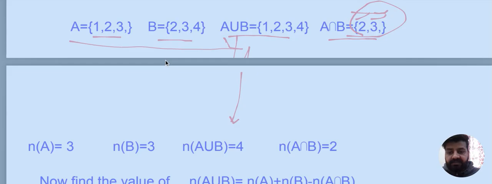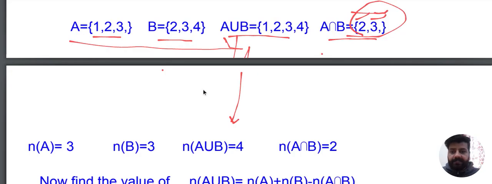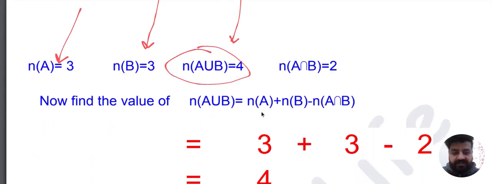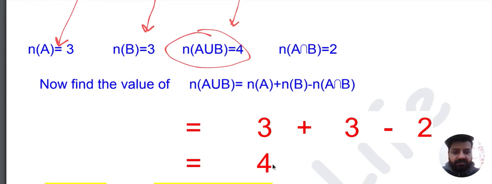In set B there are 3 elements, and in set A there are 3 elements. Now I will prove that the number of elements in A union B will be 4. In the formula I write down the value of n(A) 3, n(B) 3 and n(A intersection B) minus 2. So the answer is 4, and as you can see the number of elements in set A union B was 4.